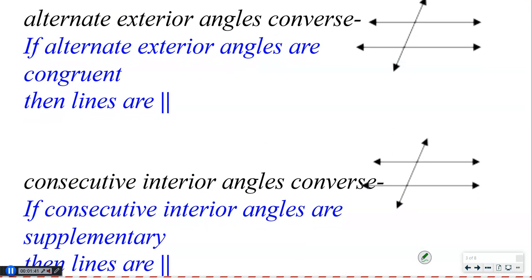Then your alternate exterior angles converse. If alternate exterior angles are congruent, then the lines are parallel. And then the consecutive interior angles converse. If consecutive interior angles are supplementary, then lines are parallel.